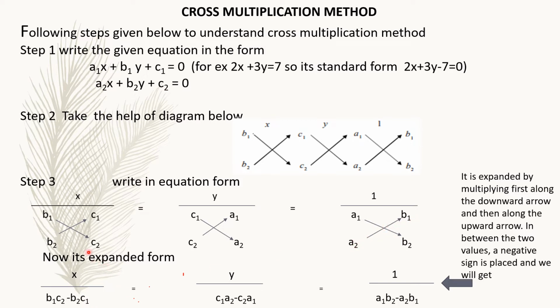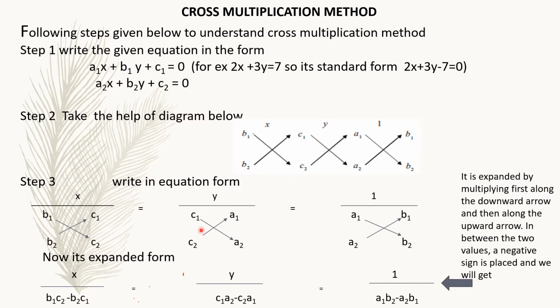Now, on cross multiplication, put the minus sign between the products. When you multiply b1 with c2, we write b1 c2 minus b2 c1. Now let's come to the next term.